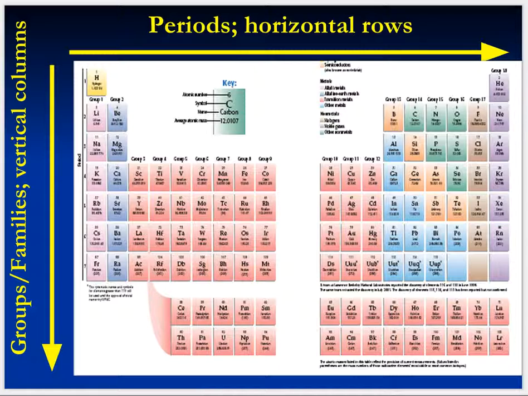All right? When we're looking at groups, they're actually organized by the number of valence electrons in the element. And we learned that valence electrons are the electrons in the outermost energy level of an element. So if we look at group 1, all of these elements, hydrogen, lithium, sodium, potassium, all of these have 1 valence electron.